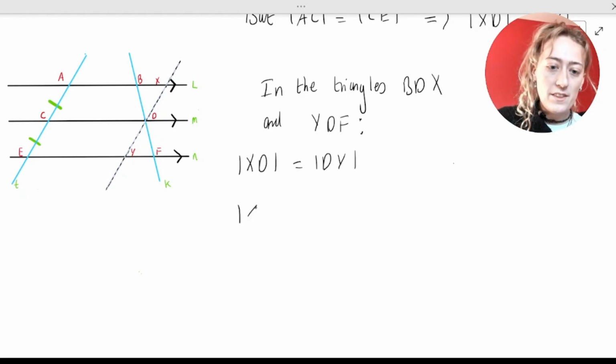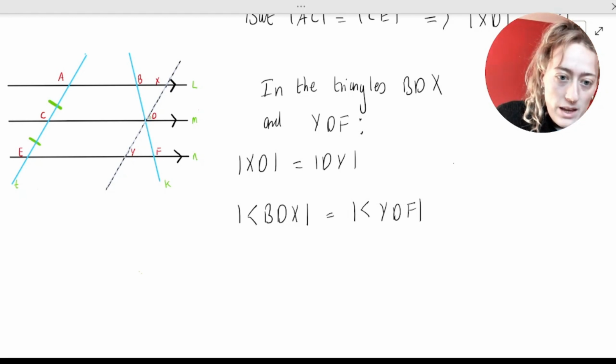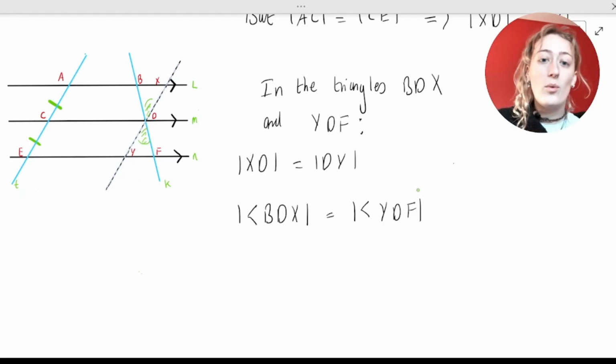We also have that the angle BDX is equal to the angle YDF. Okay, the angle BDX here is equal to the angle YDF here. Why is that, guys? It's because of opposite angles.